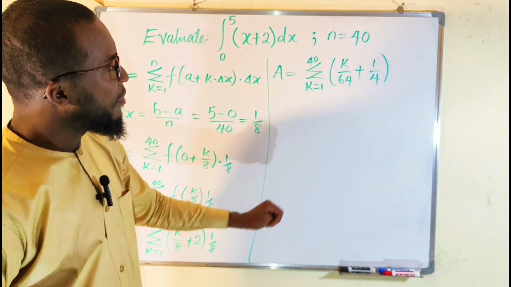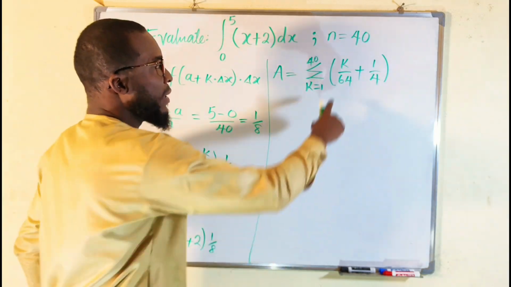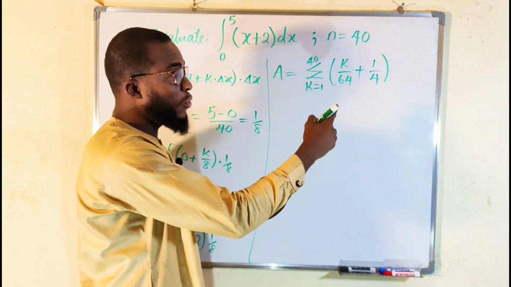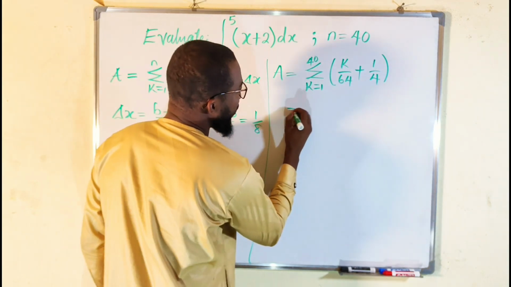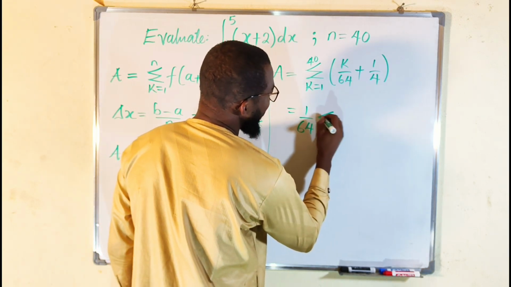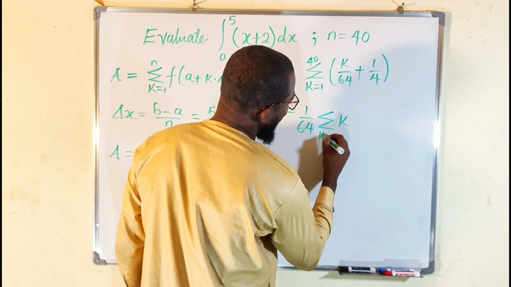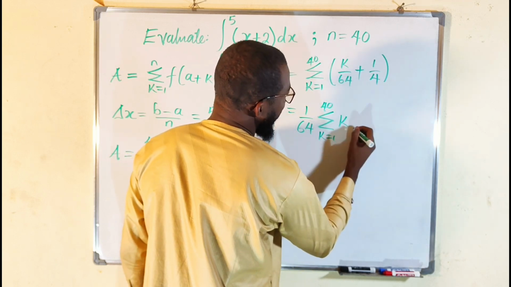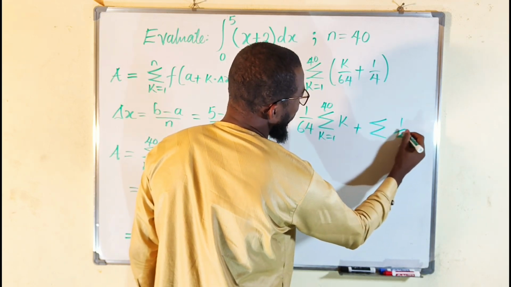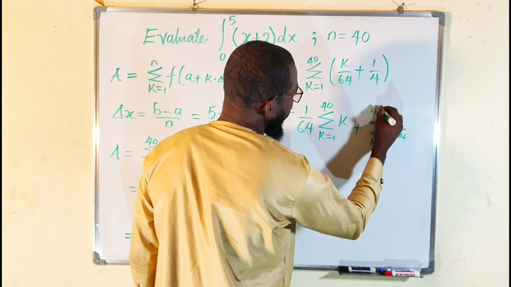Now we are going to break this summation into two parts. Since we are dealing with k here, we can factor out 1 over 64. So this is 1 divided by 64 times the summation of just k, for which k begins with 1 and stops at 40, then plus the summation of that constant, which is 1 over 4, from 1 down to 40.